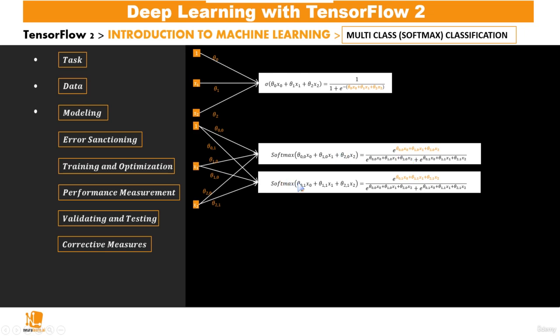In this other output, we have theta 0,1. Notice this is 1, this is 1, this is 1, because this is the first output, or the output of index 1.